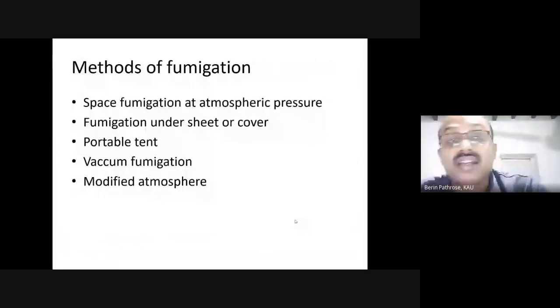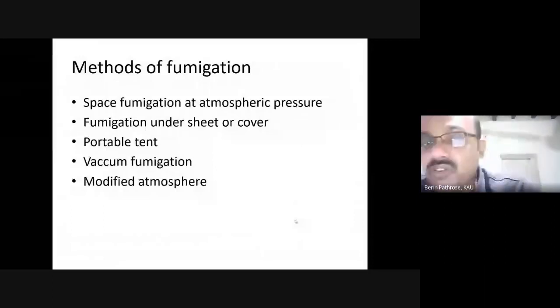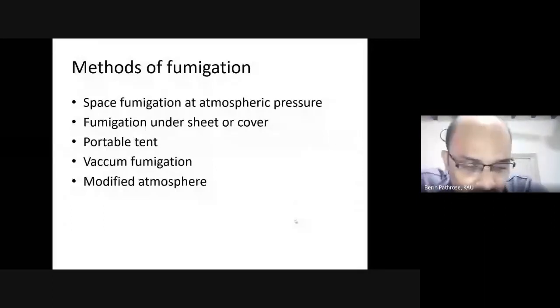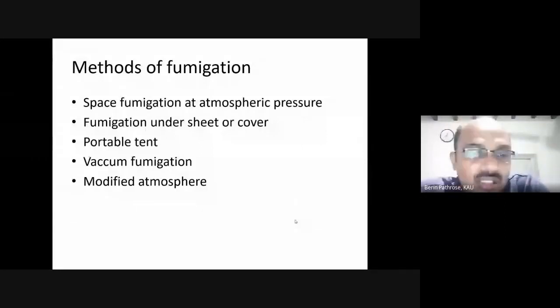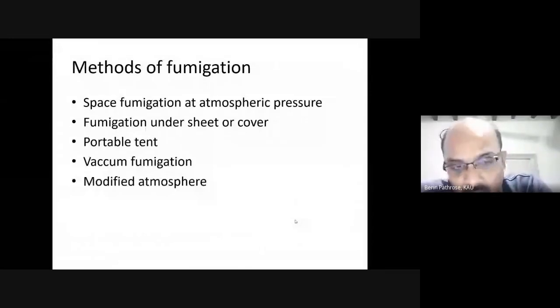Now come the different methods of fumigation. It's not that difficult to understand. It is very easy to understand. We will be discussing 5 methods. The first 4 we will deal with now.